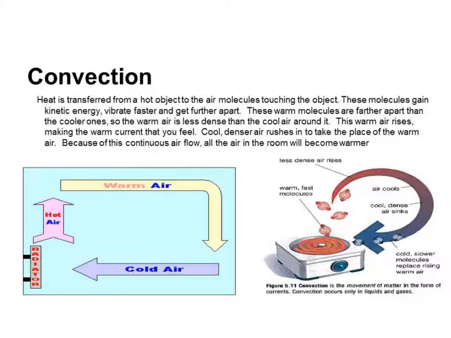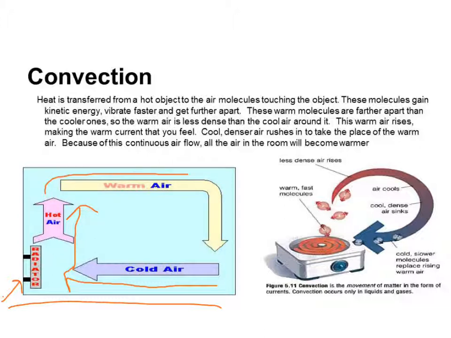So if we look at this picture here, we have a radiator or a heater within a house. The cold air is going to come along the floor, and as it heats up, it's going to become less dense and rise up. As it's up in the ceiling, it's eventually going to start to cool off and circle back down again. And so you continually get this flow, and that's why you usually see fans.